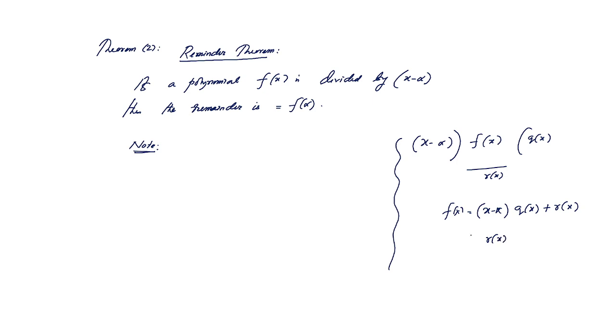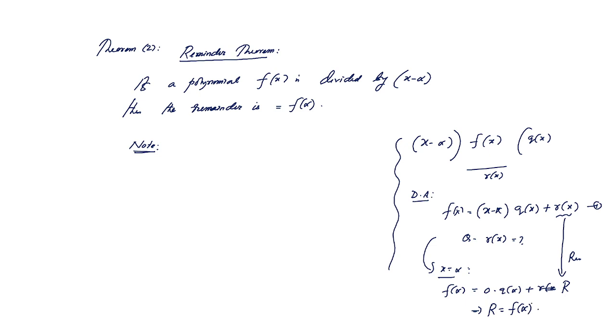Now what is r(x)? Put x equals alpha on both sides. We get f(alpha) equals alpha minus alpha, so 0, times q(alpha), plus r(alpha). Consider this r as the remainder.